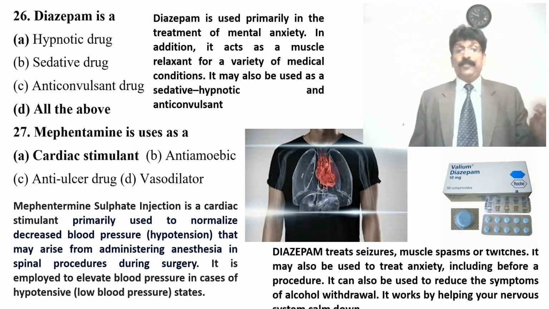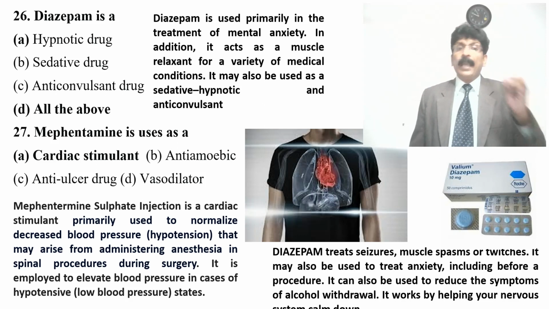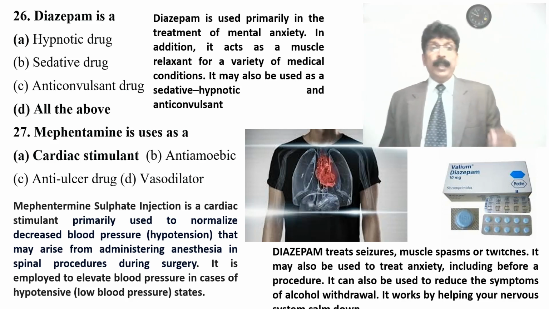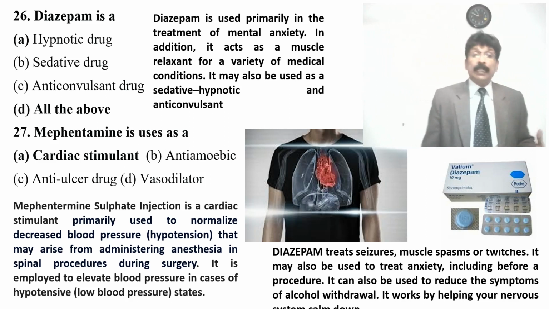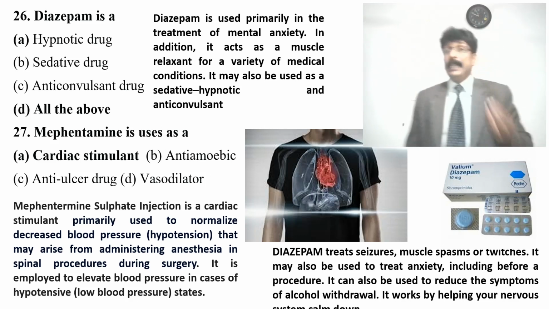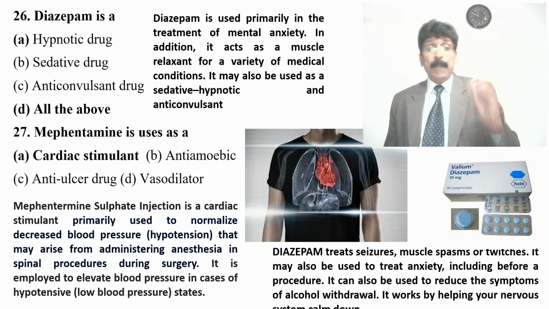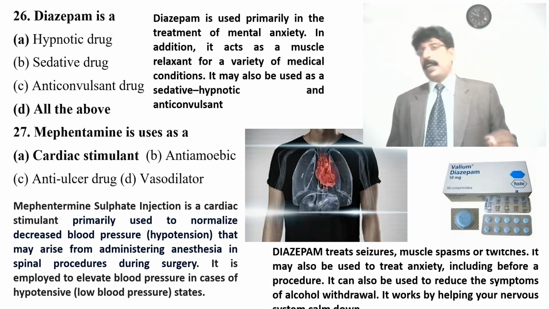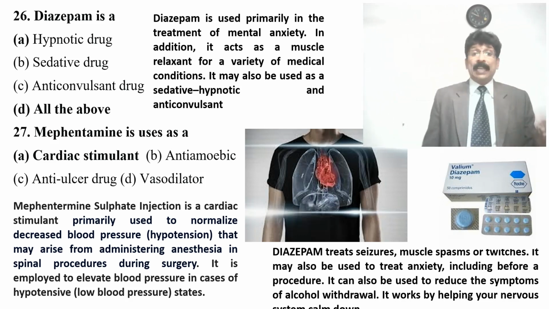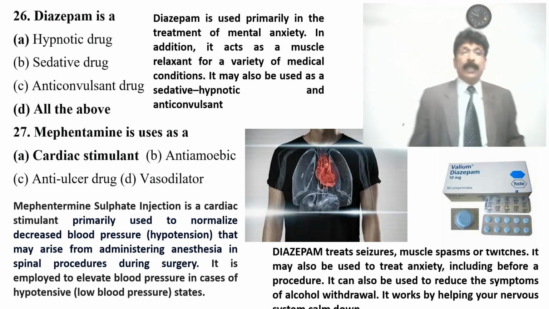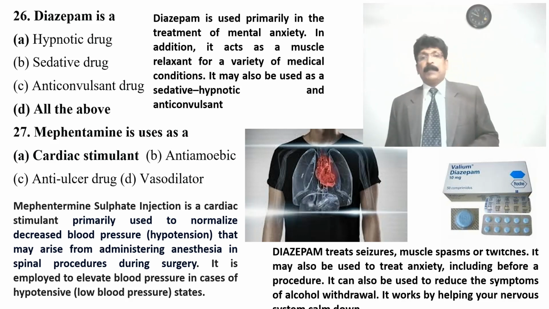If they are doing the surgery, it may cause this hypotension issue, and it is employed to elevate the blood pressure in cases like spinal anesthesia. Low pressure states can be treated by means of mephentermine, which regulates the blood pressure and stimulates the cardiac stimulation.